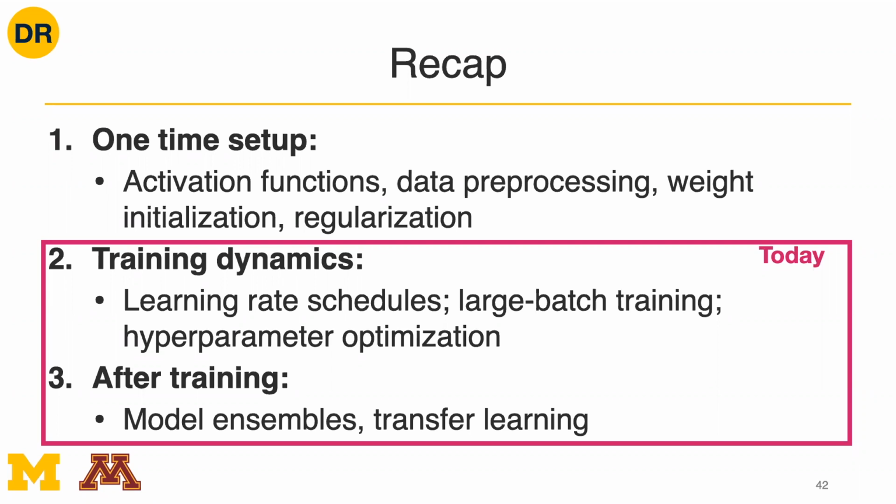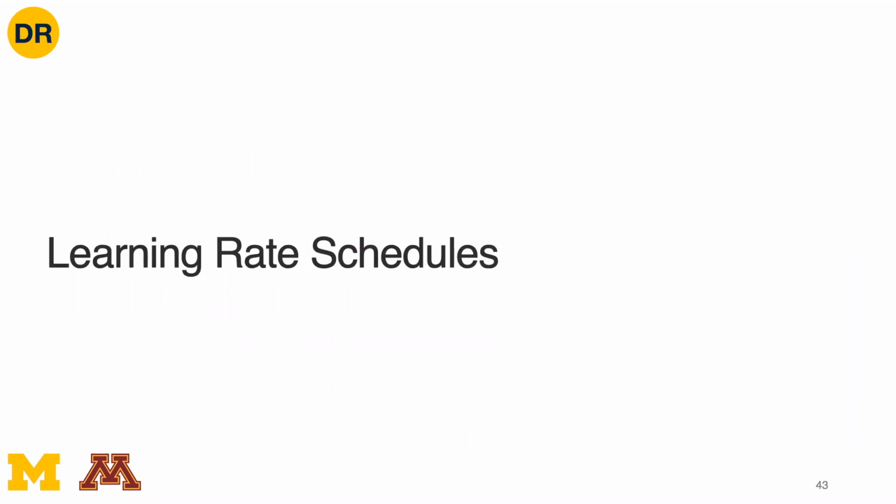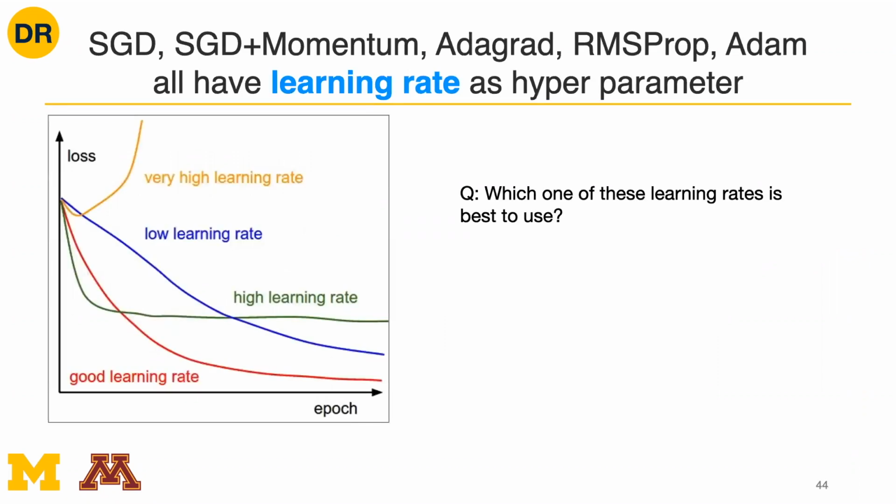Okay, so let's talk about learning rate schedules and what you should be observing when you're training your neural networks. So we saw that most of the optimization routines have this learning rate as a hyperparameter. These are some of the patterns that you will probably end up seeing when you're training your neural network.